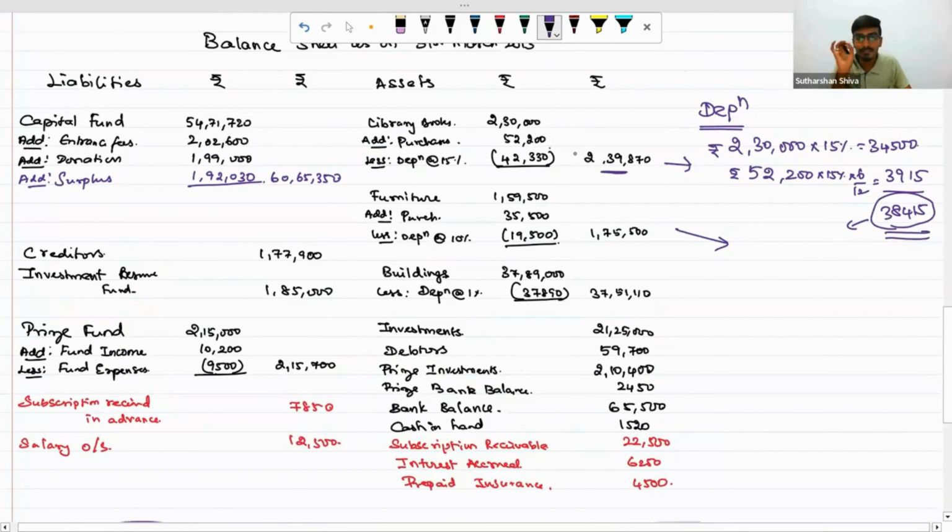Okay, from hereafter, whenever the purchase date is silent, what should you assume? Your purchases should be assumed at mid of the year, or 6 months time.